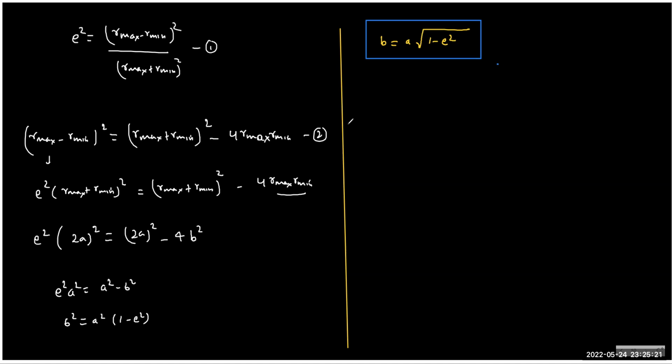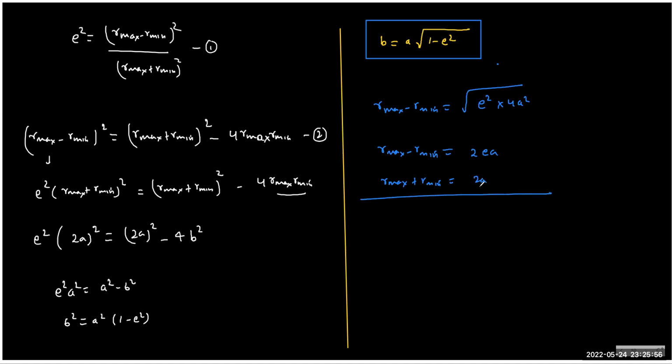So after this basic, we can find the R max and R min also. We know that R max minus R min is basically the square root of E square into 4A square. So R max minus R min will be how much? 2EA, and R max plus R min is how much? 2A.